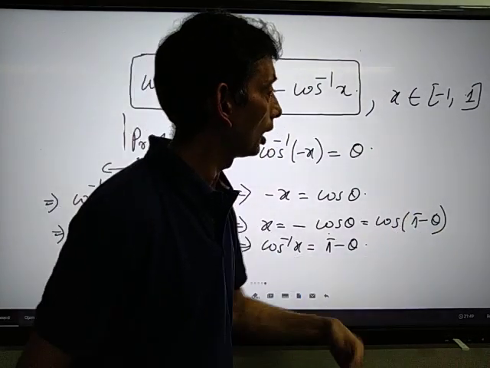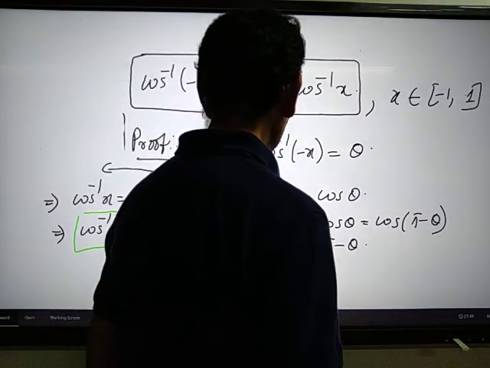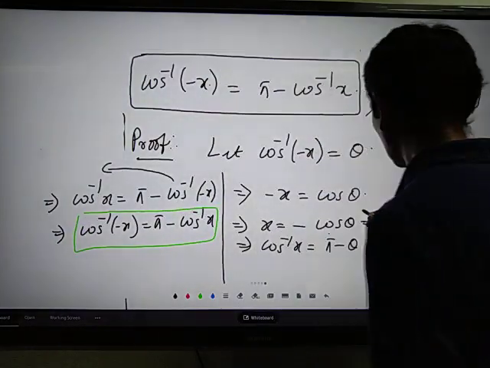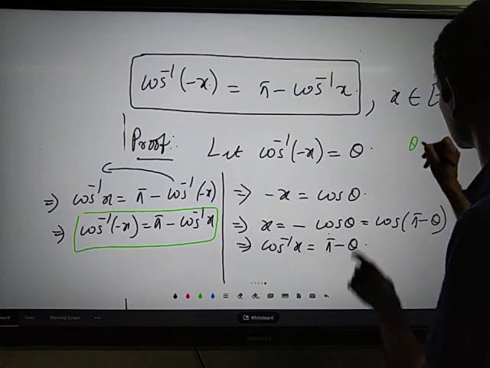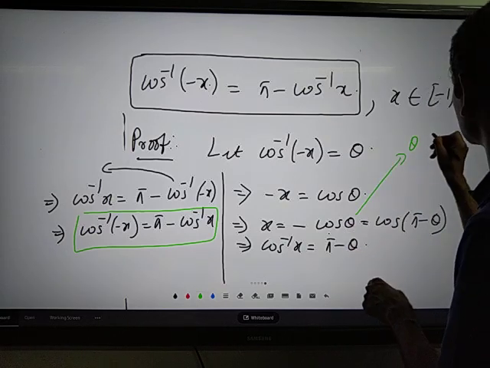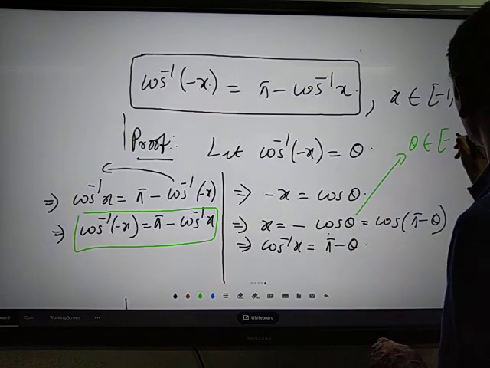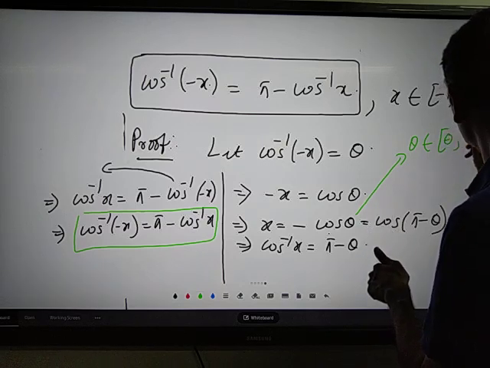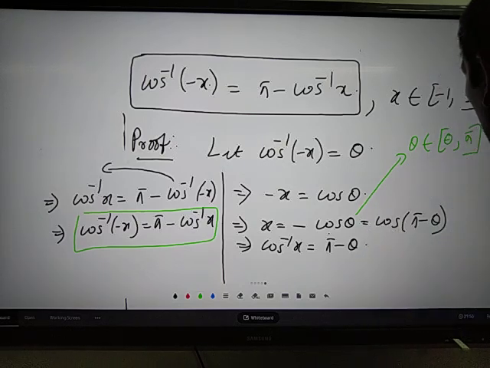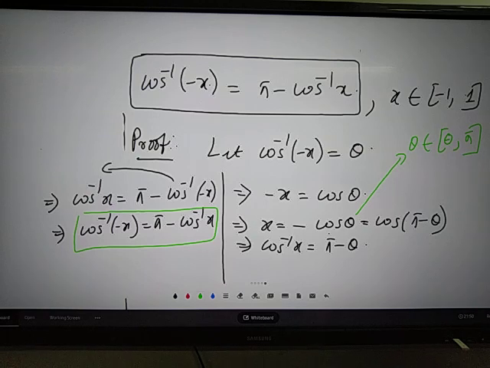Then there is another important point here: where does theta lie? Theta here lies between 0 and pi, right? And if theta lies between 0 and pi, you can show that pi minus theta also lies between 0 and pi.